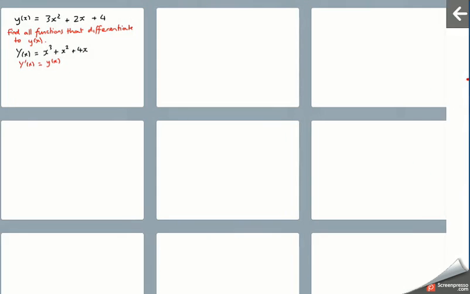However, I want to find all of them. To find all of them, I'm going to suppose that there are two of them that differentiate to give me y of x. So let's suppose that I got two functions.